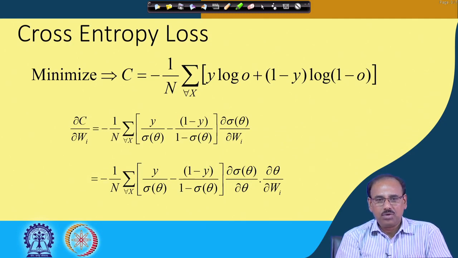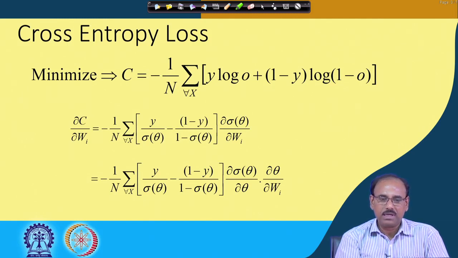So, I need to take the gradient of C with respect to the weight vector W, and I can do it partially. So, you take the derivative of this cross entropy loss C with respect to W I, that is the ith component of the weight vector W.